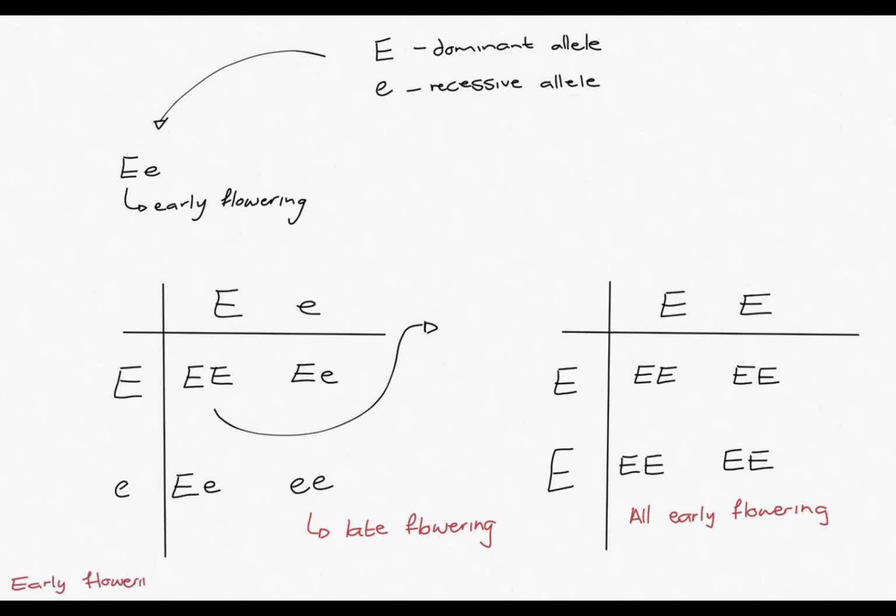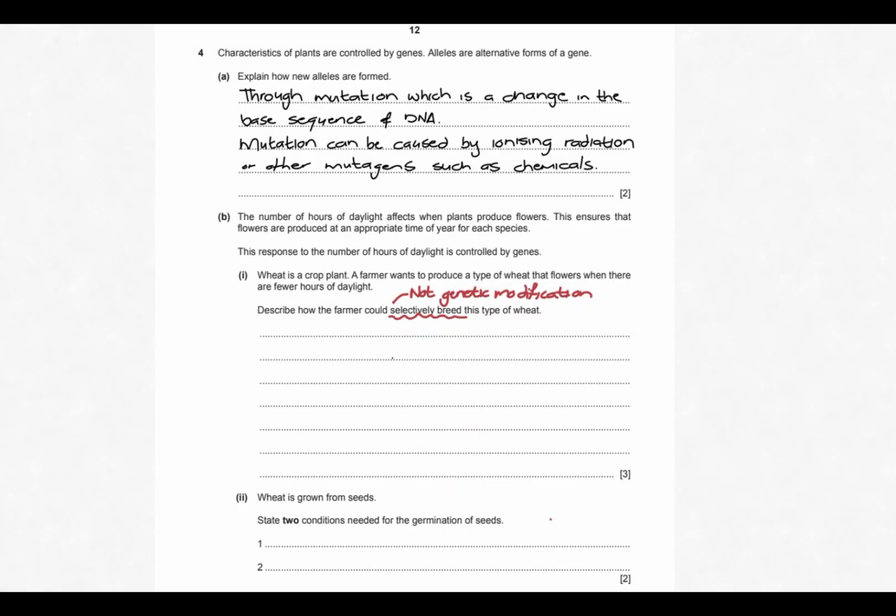And we know that our crops won't have any late flowering plants in them. So early flowering might be controlled by many genes, not just one as in the example shown. Thus, we need to repeat this process over many generations to get the results that we need.